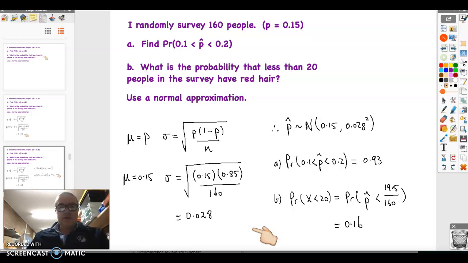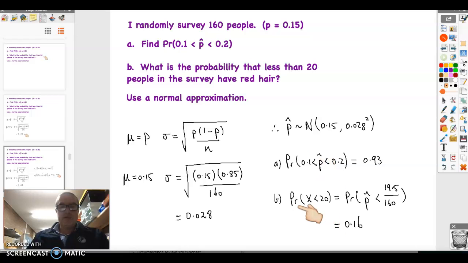The second question, what is the probability that less than 20 people in the survey have red hair? In this question, it's no longer a probability about the proportion, it's a probability about the discrete number of people in the survey. So we're sort of working the other way now.